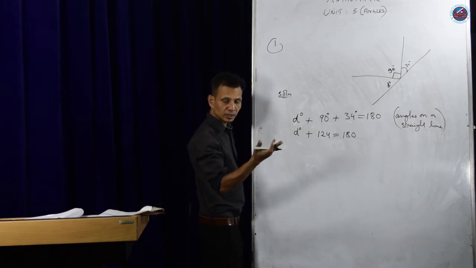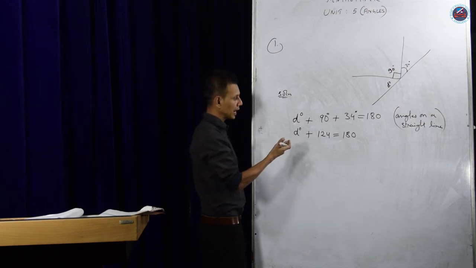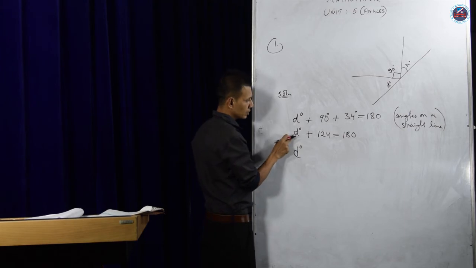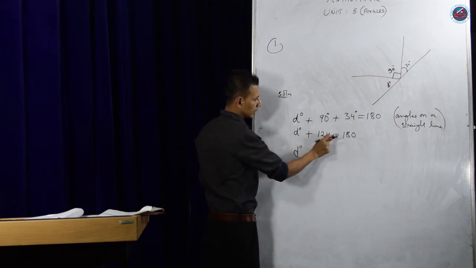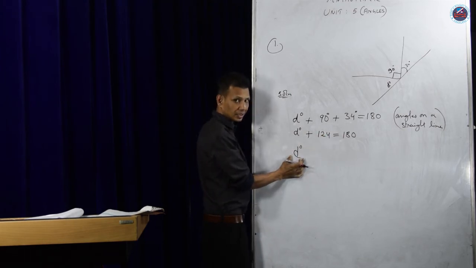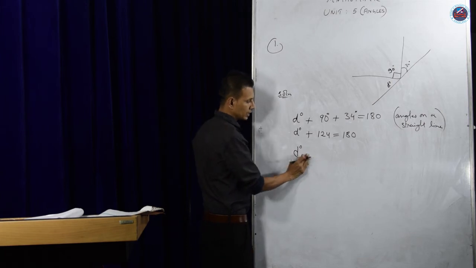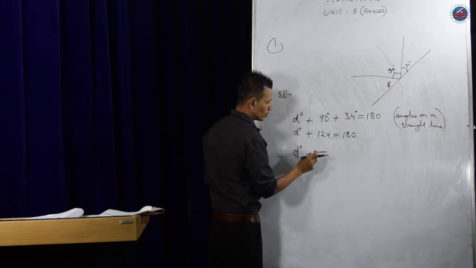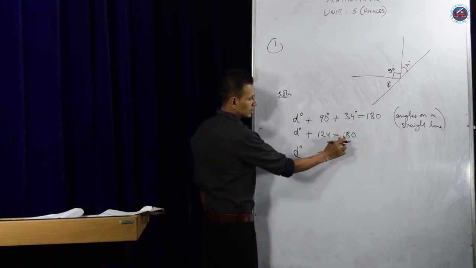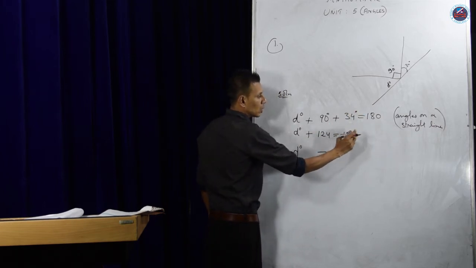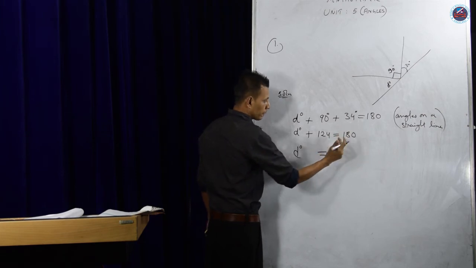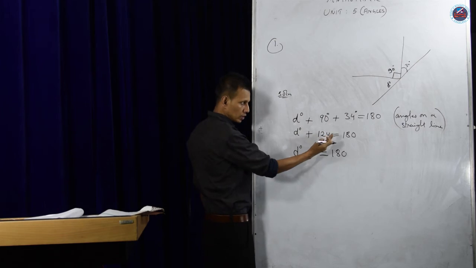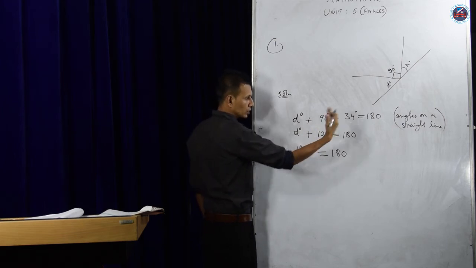Sign change is going to happen here. The degree, this I wrote. Since I'm searching for D, I don't want anything to stay on this side. Whatever is there, I'll throw to that side. Since 180 is on the right hand side already, but 124 is on the left hand side, I'm going to take it there.